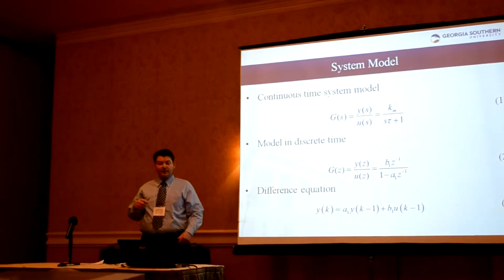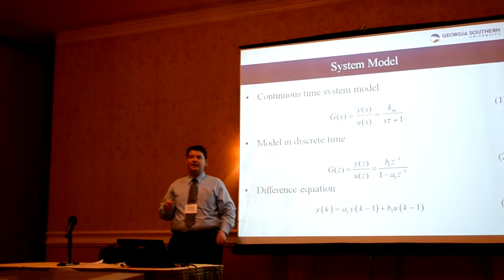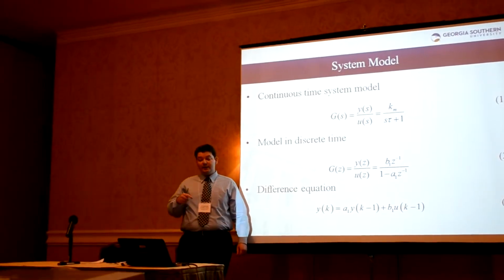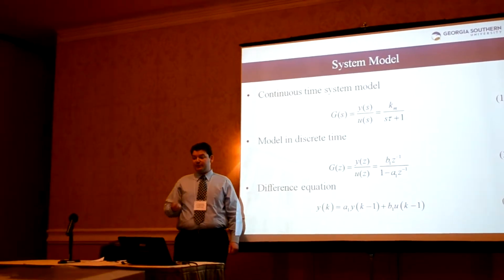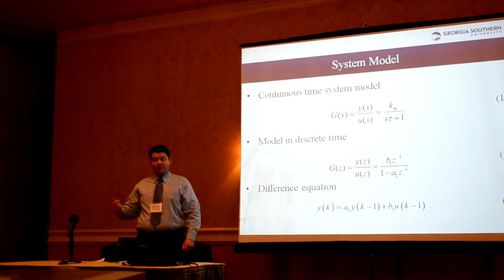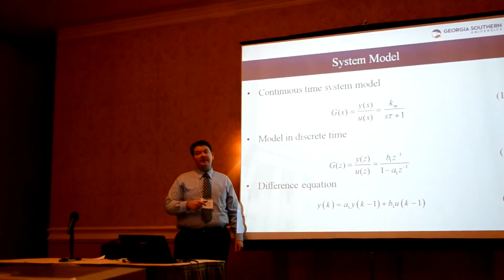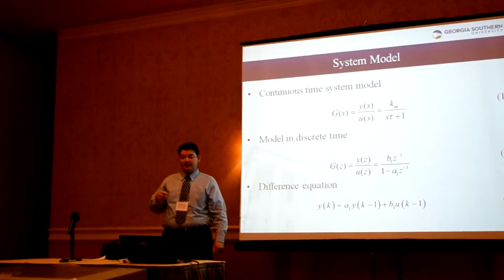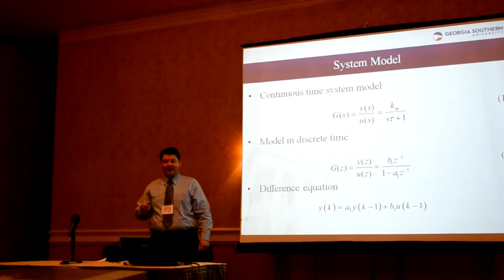And on this slide, we'll talk about the system model a little bit. In equation 1, you can see that the system model is the general first-order system continuous time model with parameters like steady-state gain and the system's time constant.